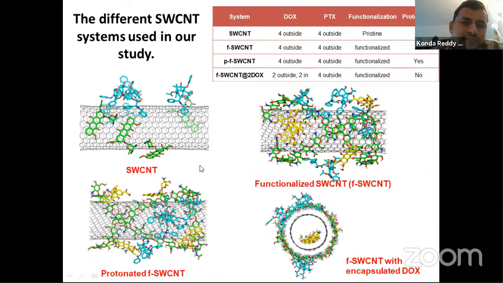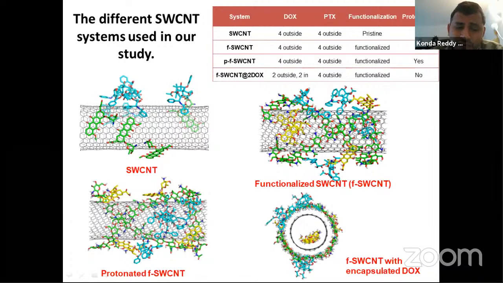Initially we have done with the pristine, which means we have not modified the carbon nanotube with the Chitosan. If you see the first one, it is the pristine. On the second one we have used the functionalized carbon nanotube.